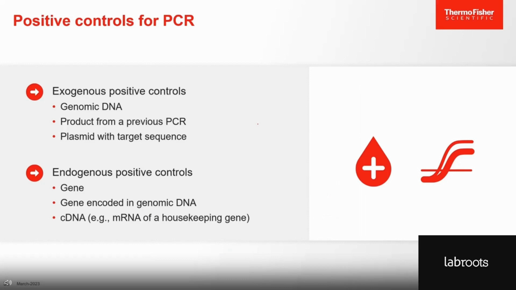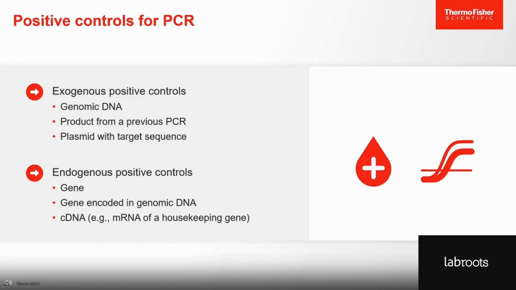Positive controls are essential to ensuring the validity and reliability of PCR results. These controls should produce a signal or band on the gel to confirm that the PCR is working properly. The template used for positive controls should have sufficient amount, should not be challenging template, and should be free from any PCR inhibitors.